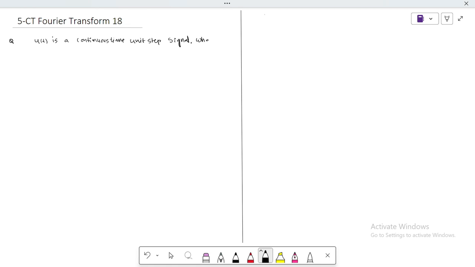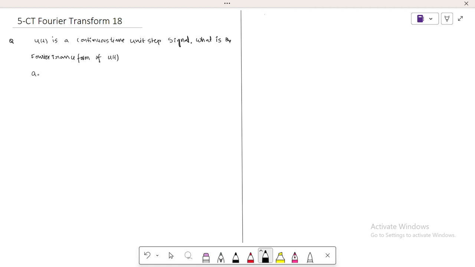Then what is the Fourier transform of u of t?